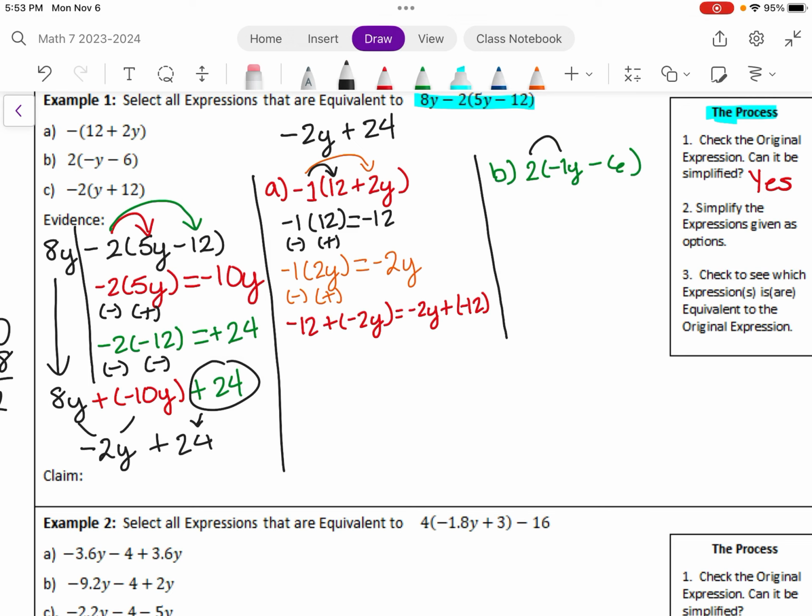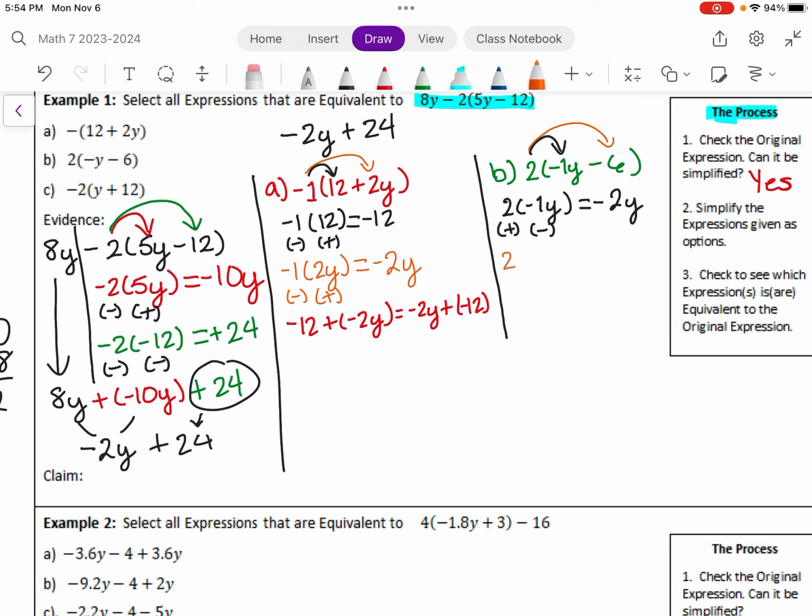Now I can distribute. So 2 times negative 1y. 2 times 1 is 2. Can't forget my y. And then I have a positive times a negative, which makes that a negative 2y.